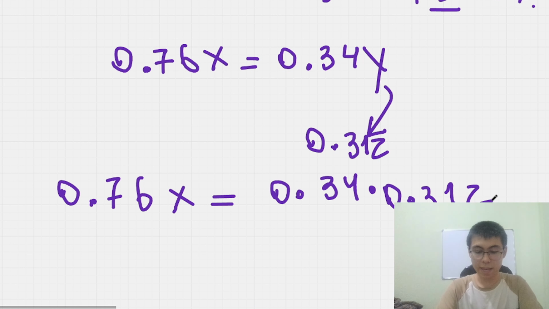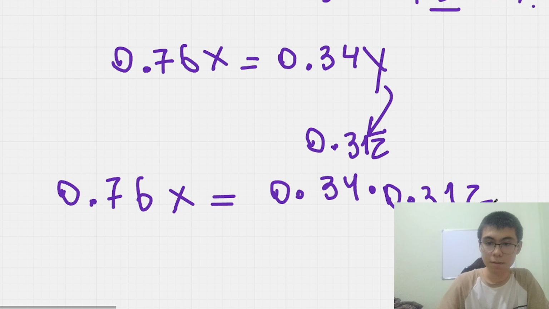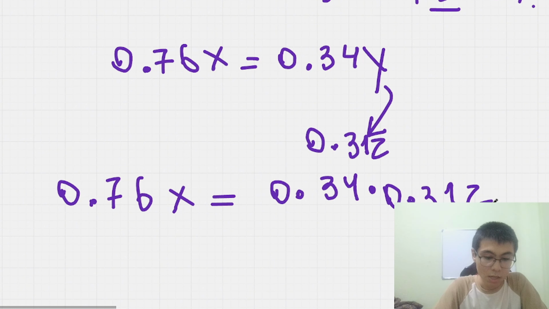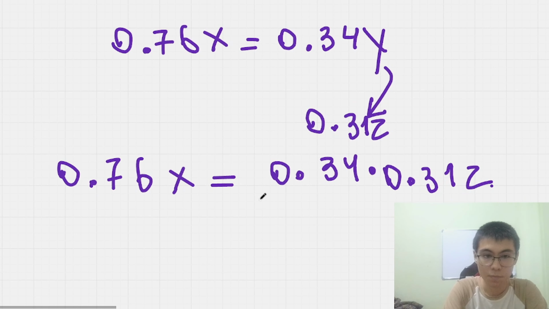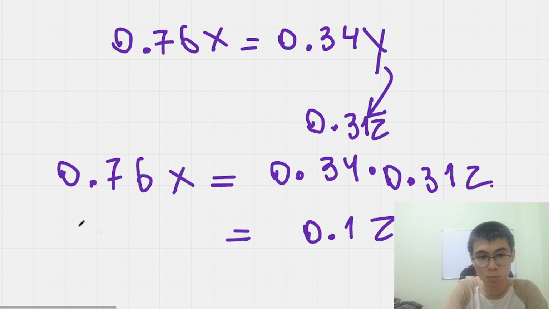So let me use my calculator to solve this thing. 0.34 multiplied by 0.31. So I get 0.1. Okay, so 0.1z. And this equals this thing, which is 0.76x.